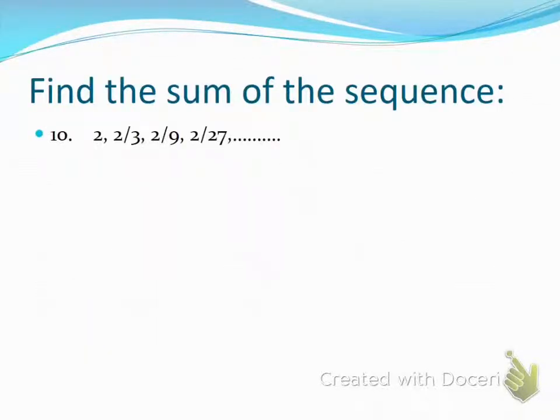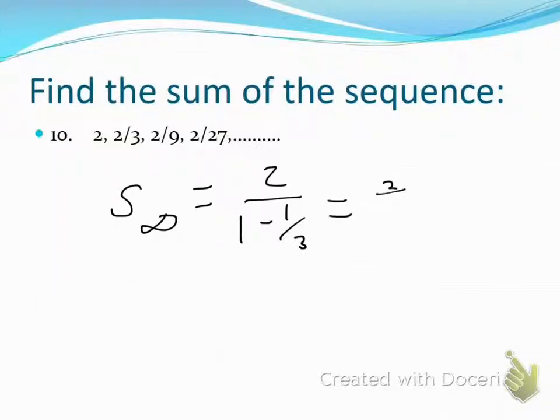So all we have to do is take the first term divided by 1 minus r, 1 minus 1/3. I mean, we don't even need a calculator for this one, do we? 2 divided by 2/3 is the same thing as multiplying by 3/2. 3.